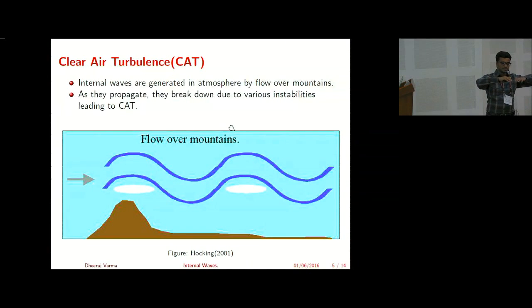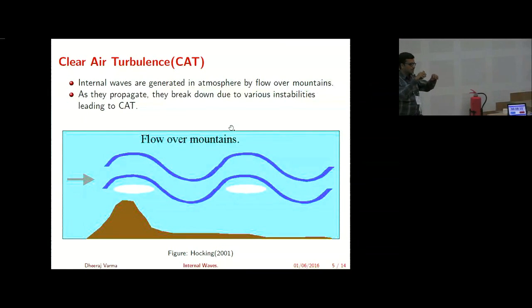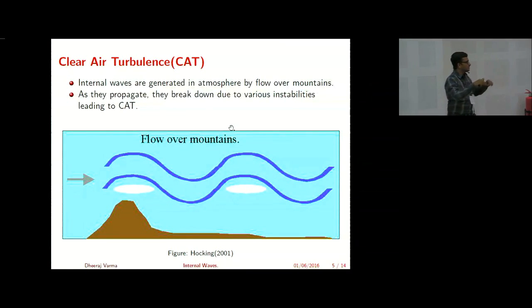The density surfaces get disturbed, and they propagate as internal waves. As they propagate, they transfer both energy and momentum, and they locally deposit this energy and momentum. Wherever they deposit it, they cause turbulence, and that's exactly what clear air turbulence is.